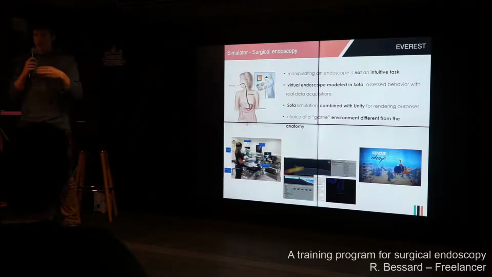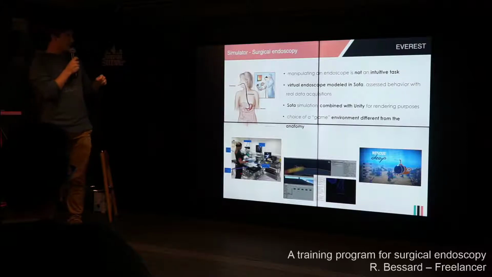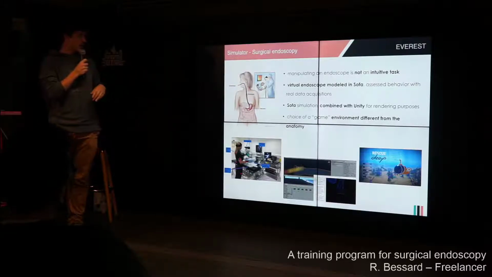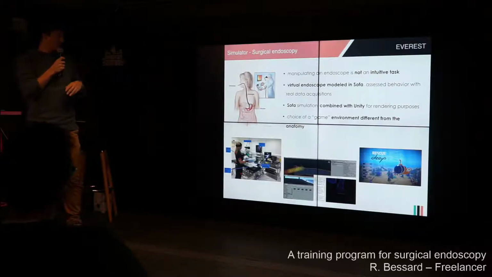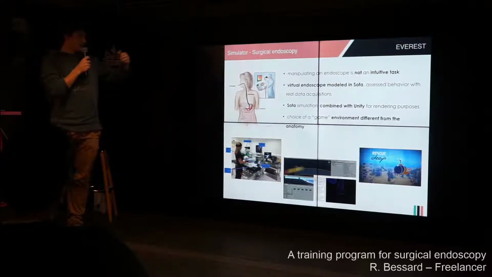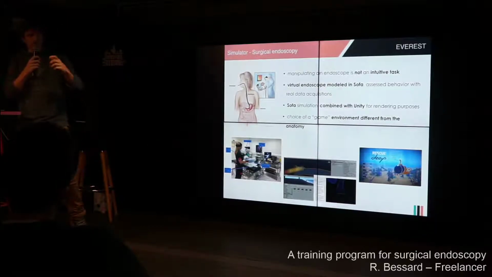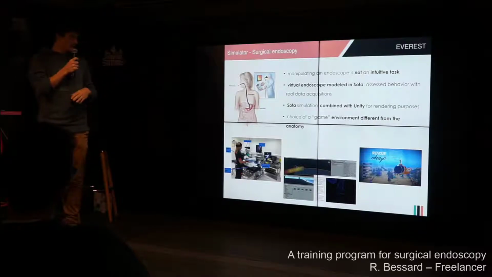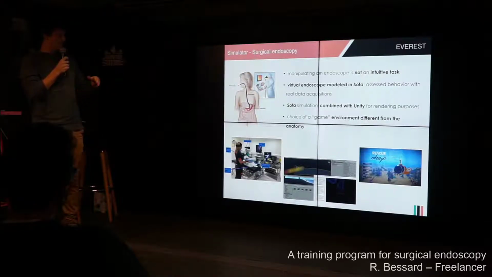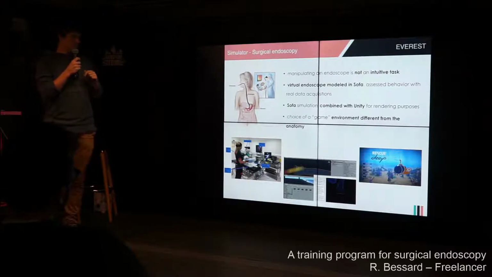You are filming with a camera at the tip of the tube, and you only see that on the screen. And sometimes you want to rotate to the left, but you have to rotate to the right. That's why we wanted to create a simulator.